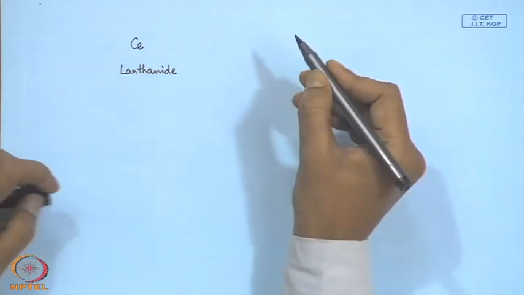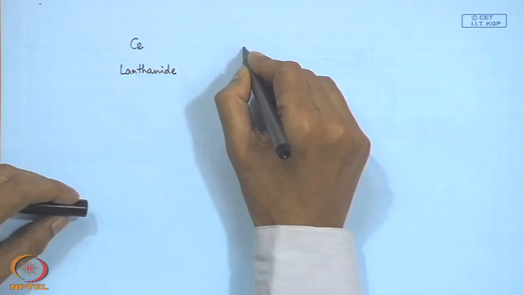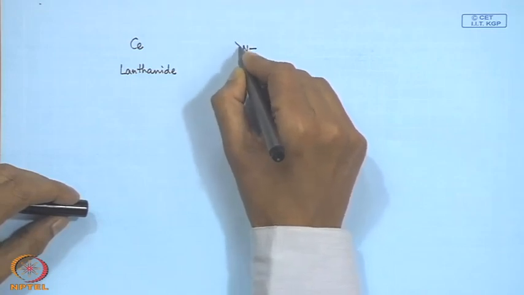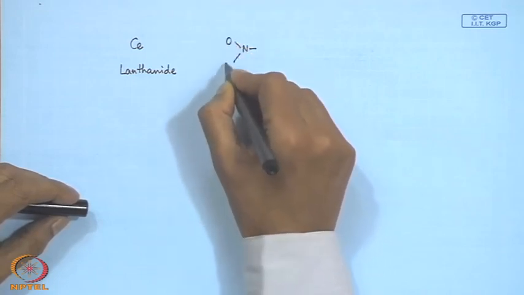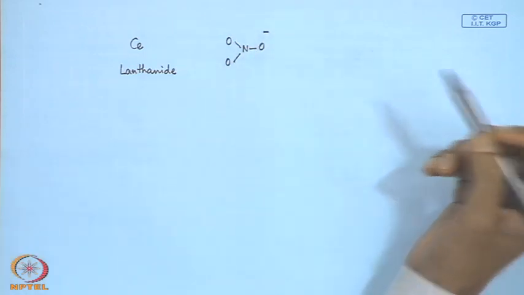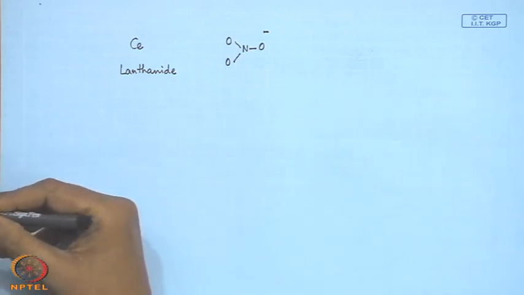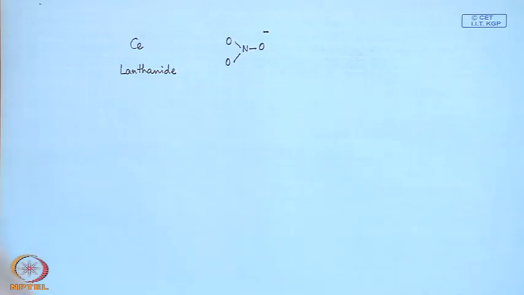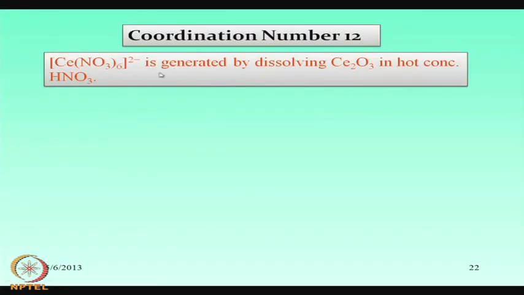and this cerium compound, when forming the corresponding compound with nitrate groups. So, how many nitrates can we accommodate around a cerium center, that is our question to think. 6 such nitrate groups can surround the cerium center, which is in +4 oxidation state, and can be very easily generated from the trivalent compound of cerium, which is cerium oxide.